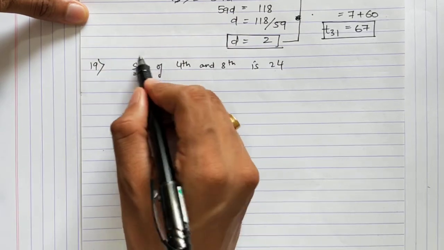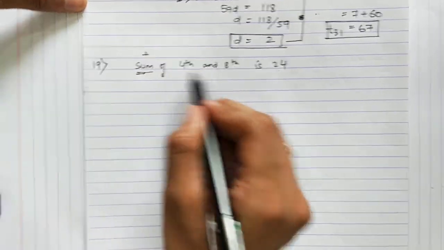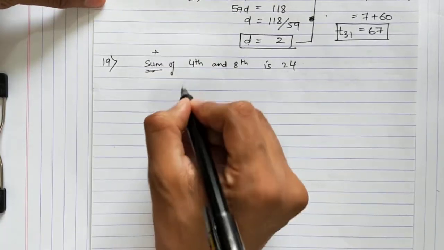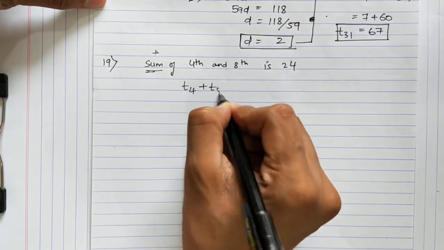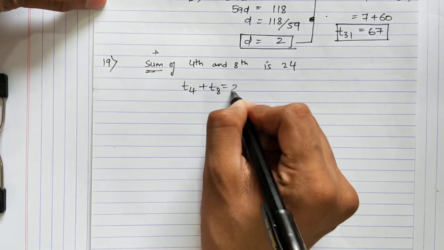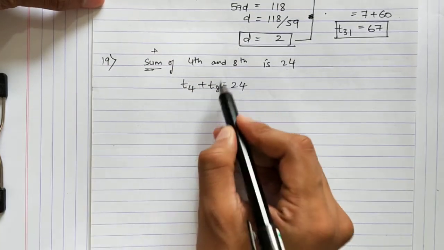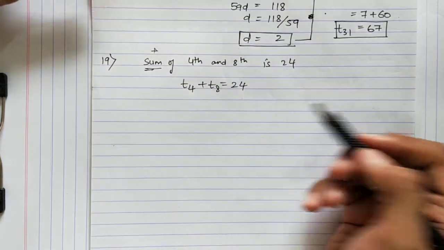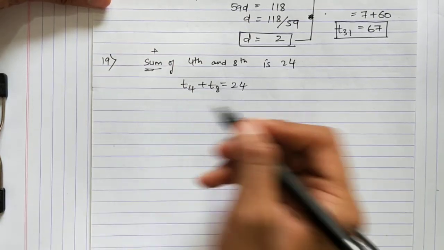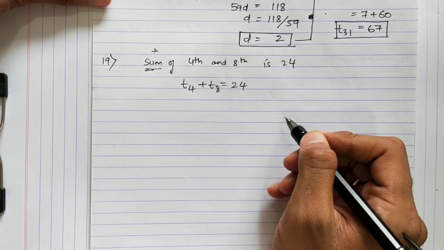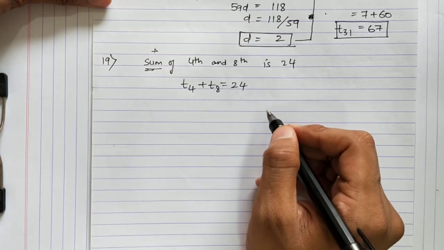Sum means addition, correct? Of the 4th term and 8th term means T4 plus T8 equals 24, and the sum of the 6th term and 10th term of the same AP is 34.